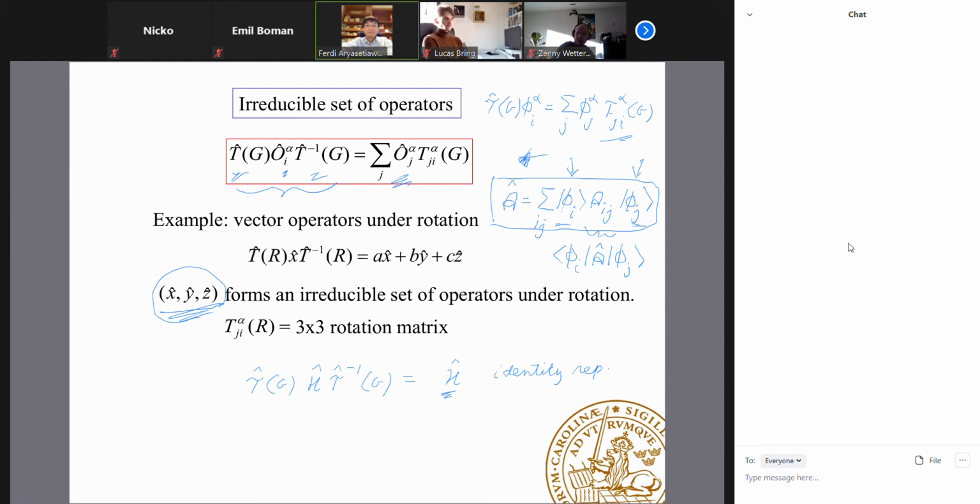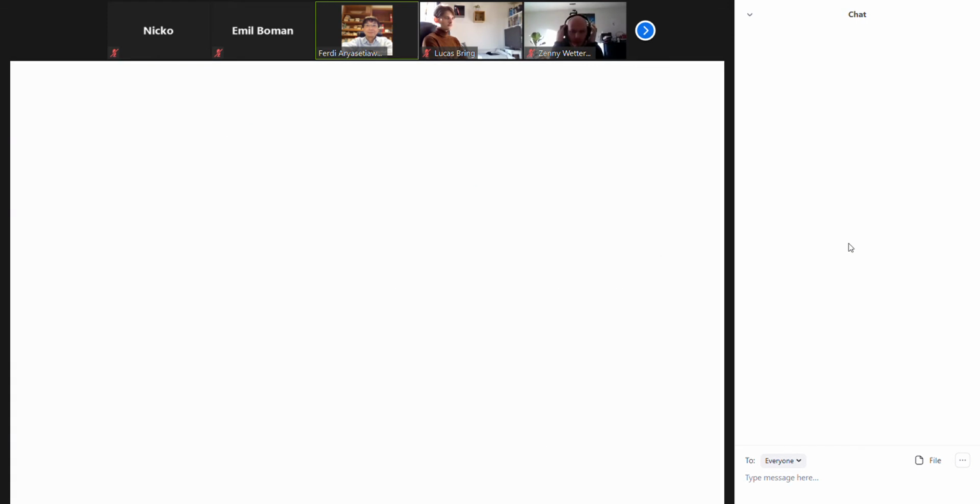So if we make a rotation, we take one of these, let's say x, then we will find that it's a linear combination of the other operators. So how do we see this? Let's take an example so we can see what's going on. I have it in the notes actually, just to see explicitly what happens.